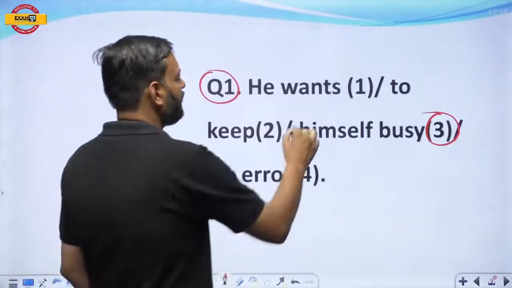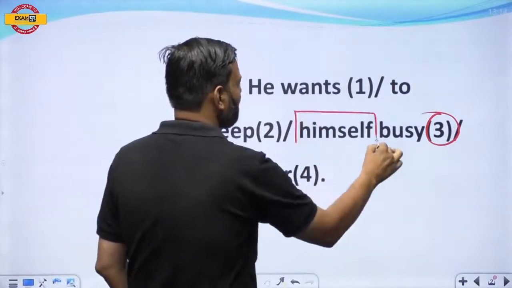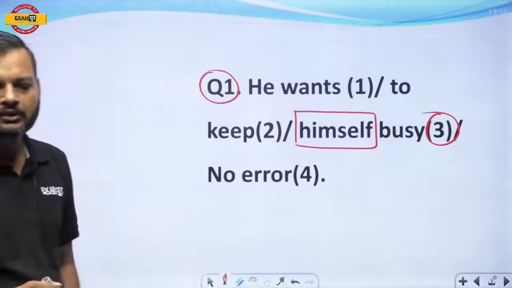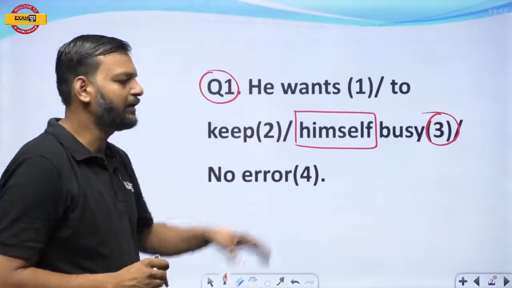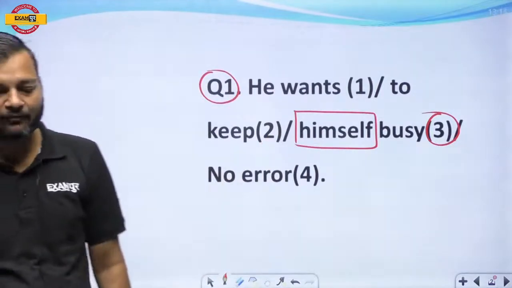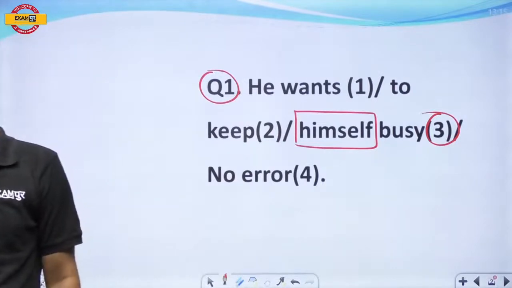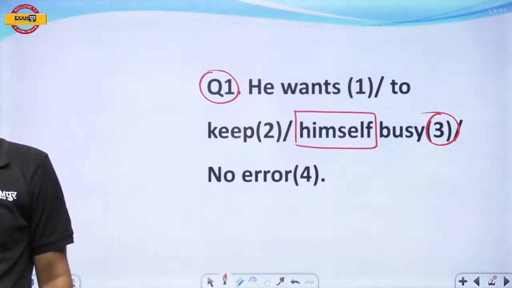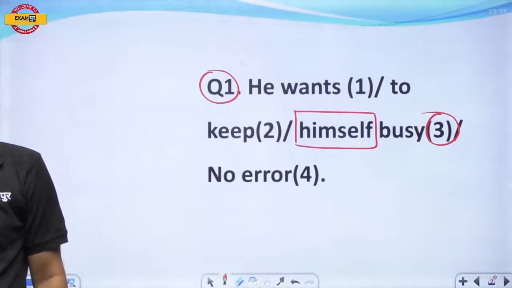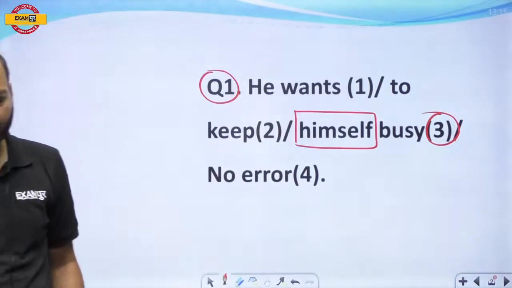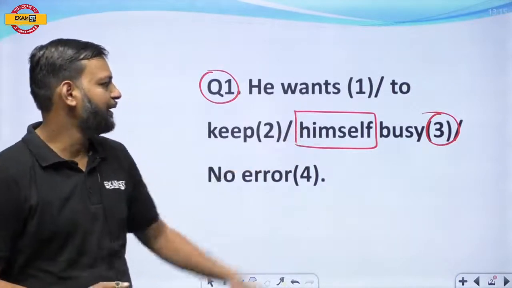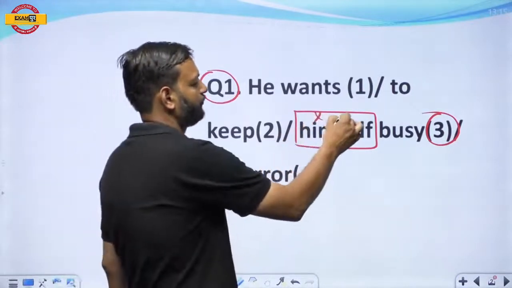In this sentence, the word himself, which is a reflexive pronoun, cannot be used. It is absolutely wrong. This word himself is wrong.